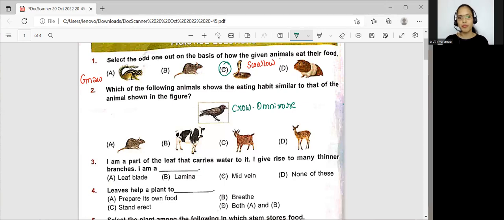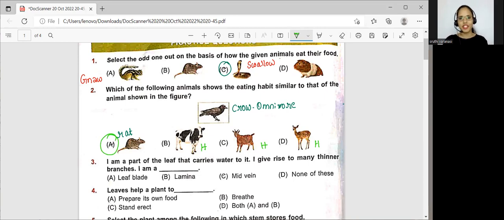So it's an omnivore. A rat is also an omnivore like the crow. But here you can see the other options: a cow, goat, and a deer. They eat only plants, so they are herbivores. So which animal is showing a food habit similar to that of the crow? It is the rat. So A is the correct option.